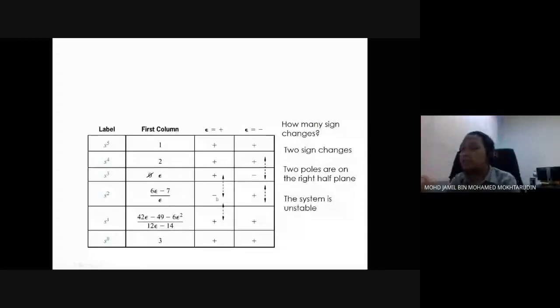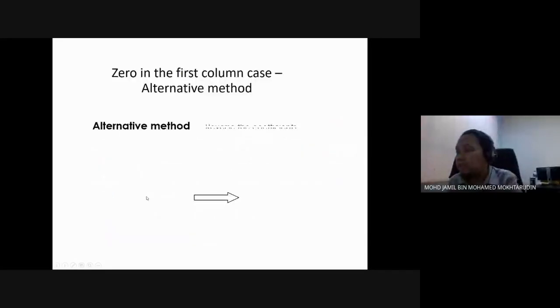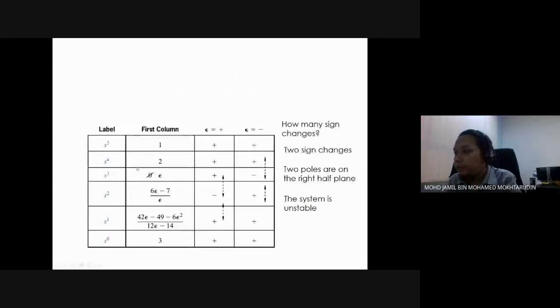So the first method is difficult, okay? Because you need to imagine how the value will be when you put epsilon as a very small number but positive. That's why you can use the second alternative method. The alternative method is easier, but you need to first do the first 2-3 rows here.